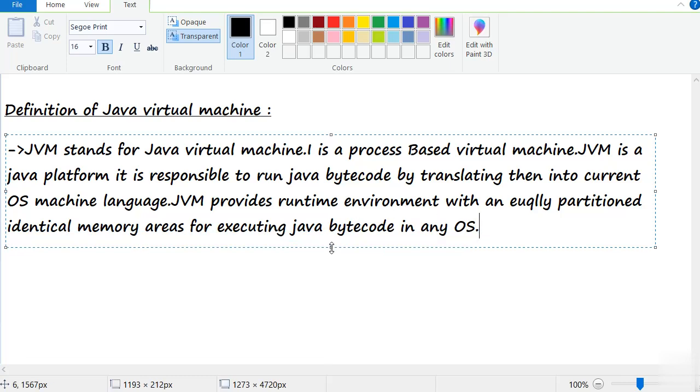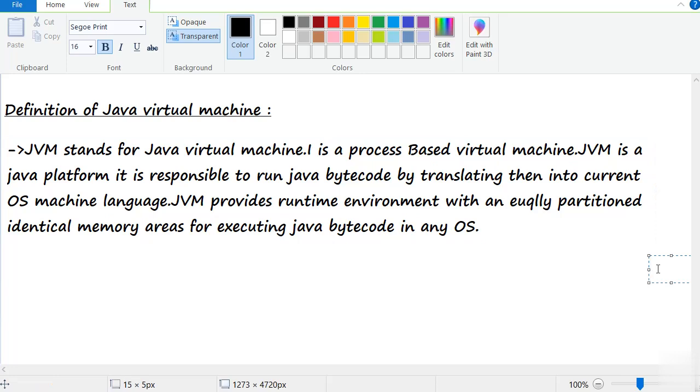Just now we have discussed this point. JVM stands for Java Virtual Machine. It is a process-based virtual machine. JVM is a Java platform.